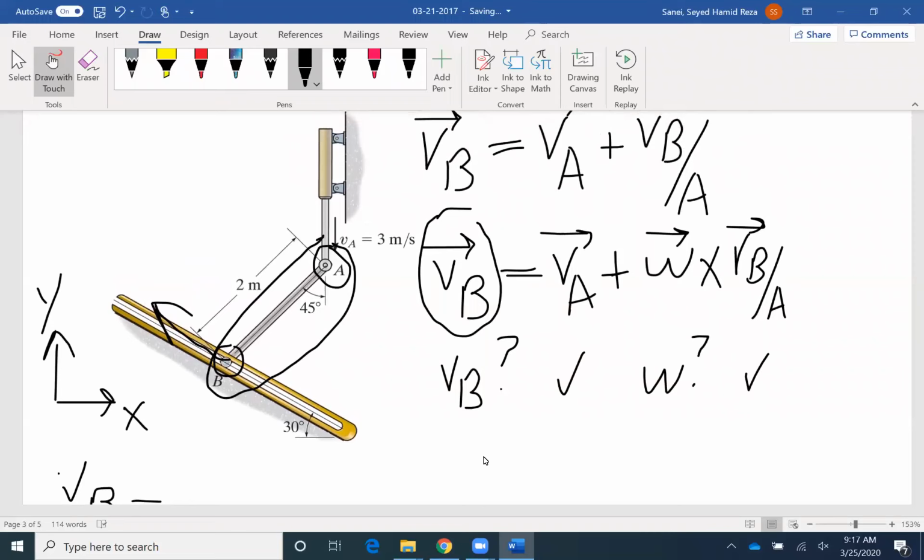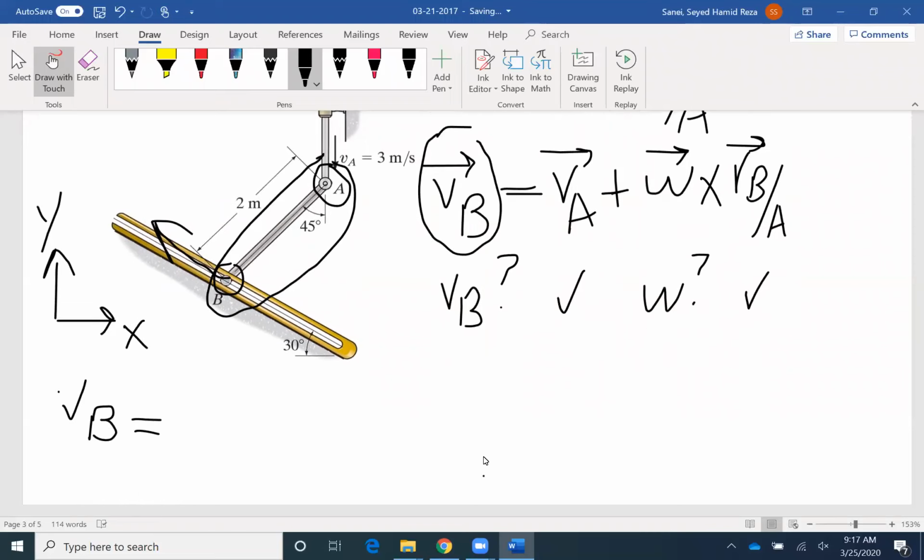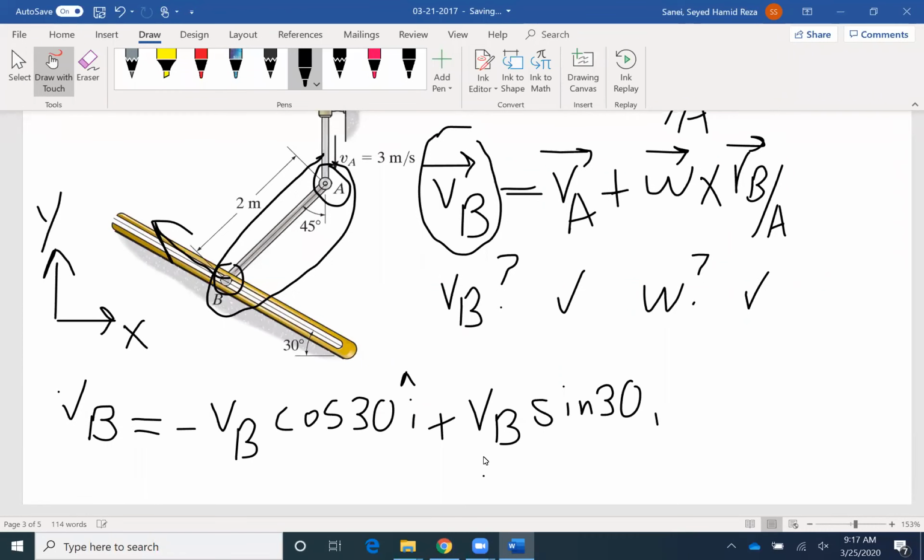When A is coming down, B would move into negative X and positive Y. So the X component would be negative, negative VB cosine 30 I plus VB sine 30 J. So I wrote my vector VB in Cartesian format.